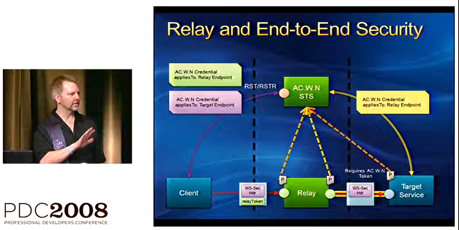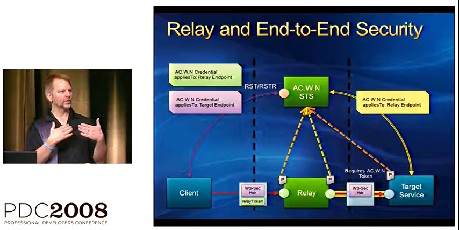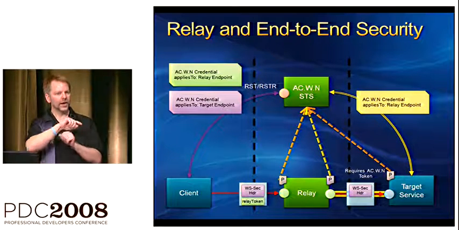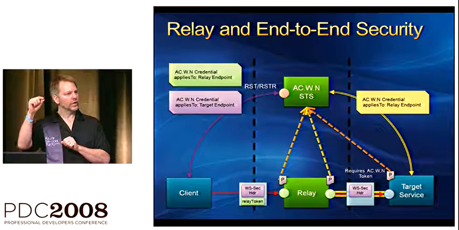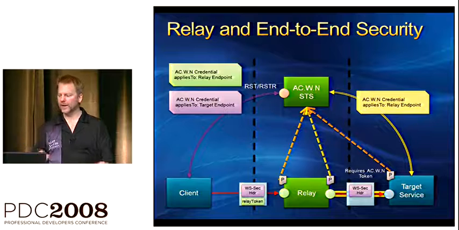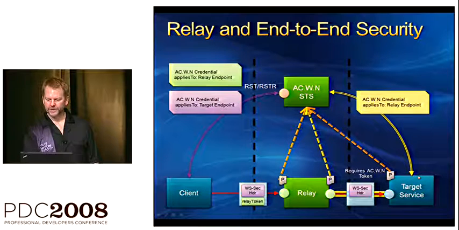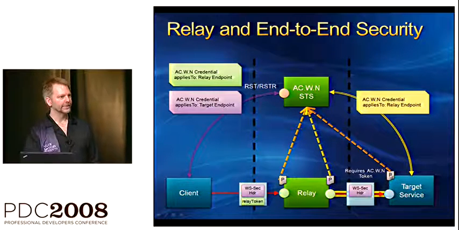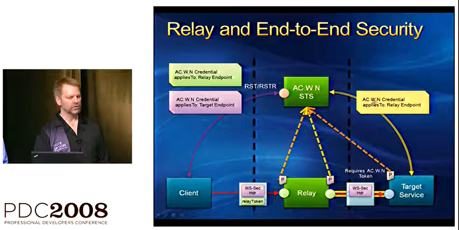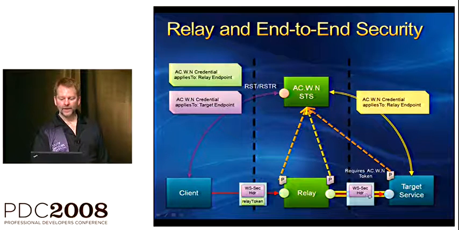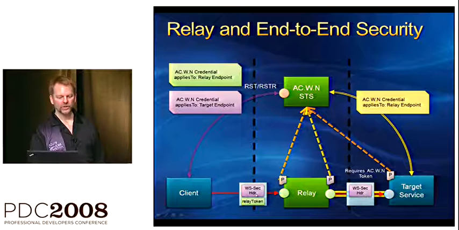So when we talked about the service bus, we said, not only are we going to do authentication of the packets through the relay, but you can do your own security end-to-end. So here's the target service. The target service has a policy. And in this particular case, it's saying, I would like to have credentials that the access control.windows.net applies for the relay, and it's going to have its own security token headers.